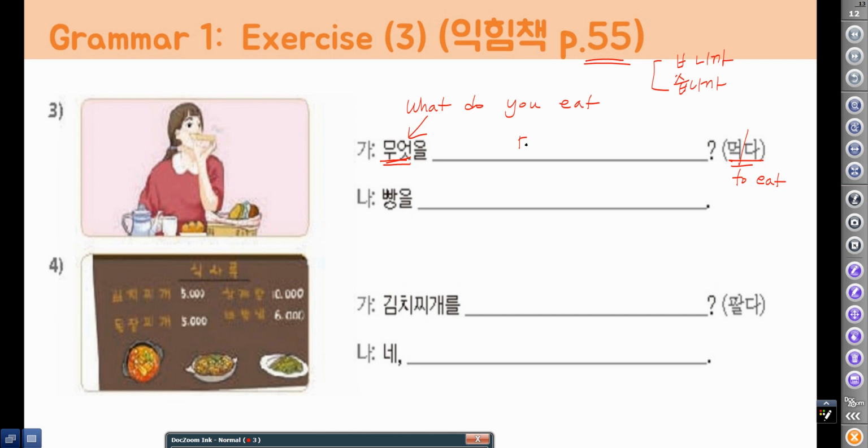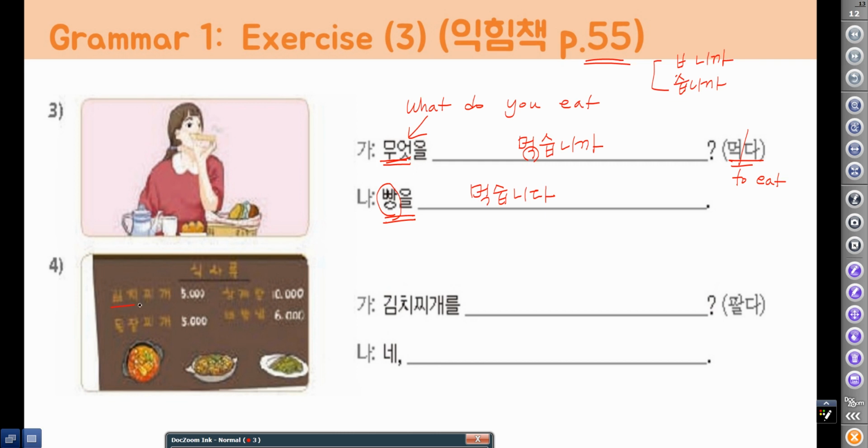Okay, 무엇을 ends in consonant. So, 무엇을 먹습니까? And you actually answer, I eat bread. 빵. So, the object first. 빵을 먹습니다. Then, at the restaurant, it's a menu, right?